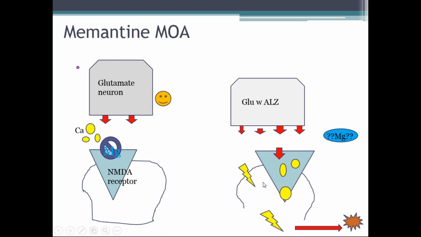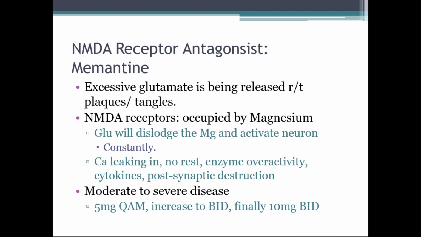So calcium is just stuck in the on position. And that's not good for any cell in your body to be constantly stimulated. There needs to be rest, there needs to be recovery, there needs to be a return to full polarization so that it can depolarize. But with Alzheimer's disease, this doesn't happen.